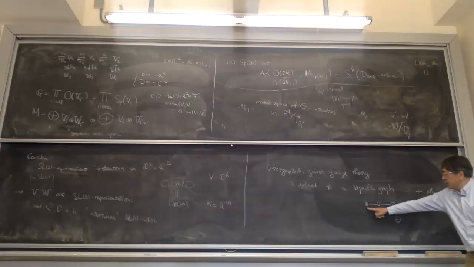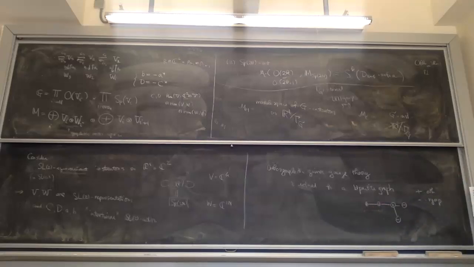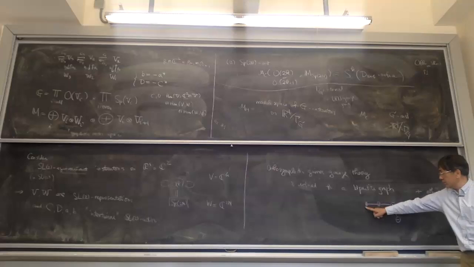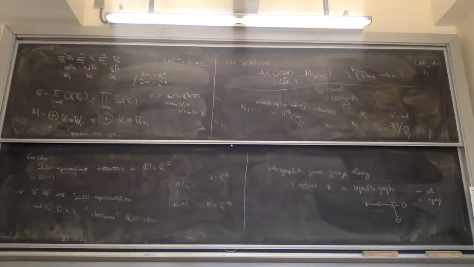So each vertex has either orthogonal or symplectic type, and if an edge is connecting two vertices, then one is orthogonal and the other is symplectic.